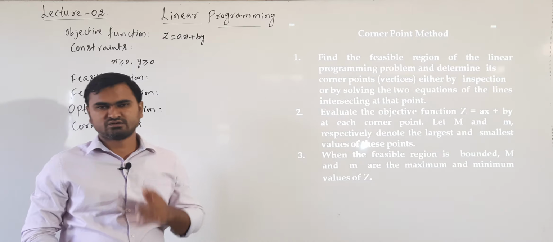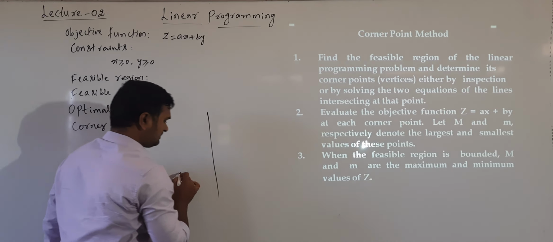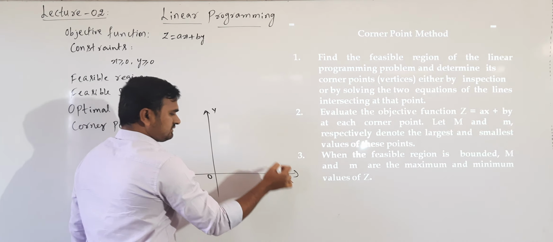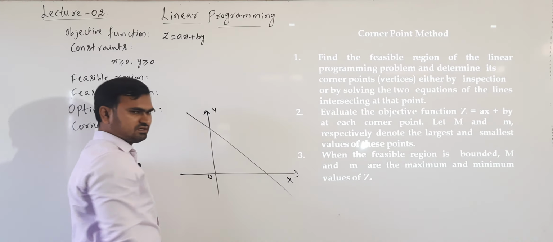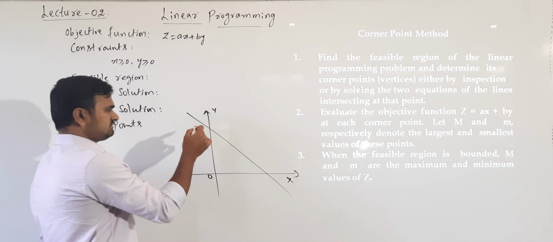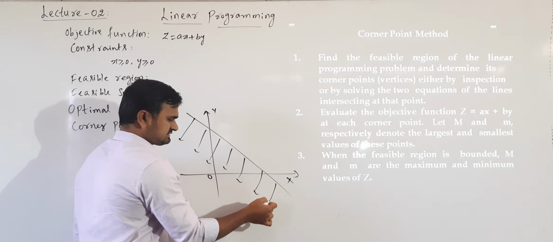So first we are drawing the solution region or feasible region. How to draw it? By taking the inequalities. We already know inequalities represent half planes, either below the line or above the line. According to the inequality given, first you have to draw these half planes.